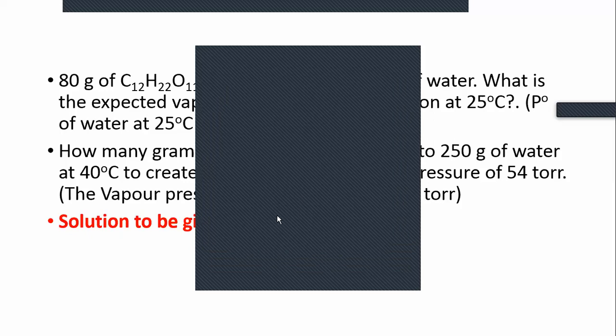Good. To calculate the mole fraction of water, it's going to be the number of moles of water over the number of moles of your water plus your glucose. Then how do we get the number of moles of our water?